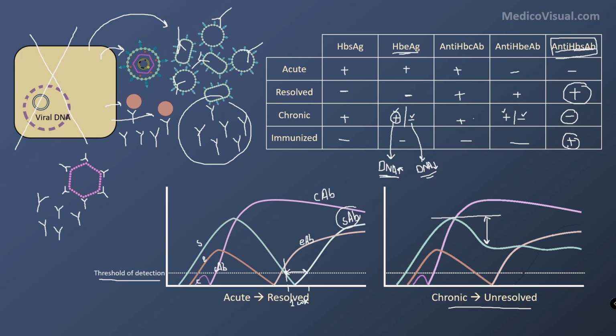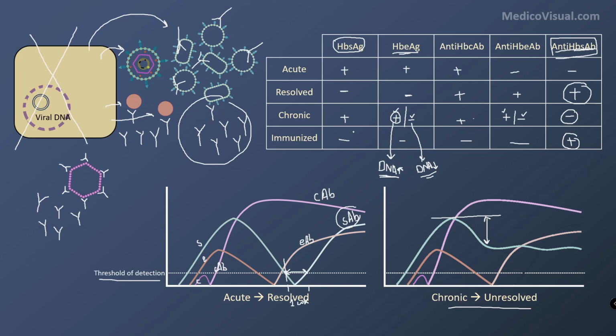right? And when this antibody is produced, it is very easy to understand. Whenever the virus comes, the antibody will quickly bind with the virus and destroy it, and it will prevent the virus from infecting any hepatocytes. Interestingly, initially within a few days, when you give a vaccine, this surface antigen may appear to be positive, right?